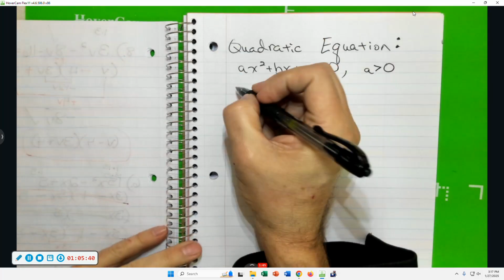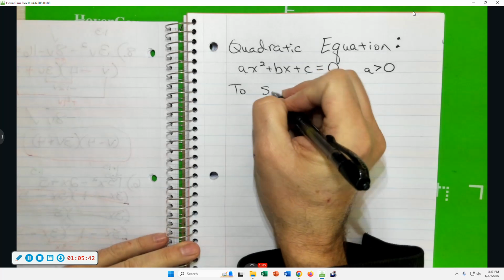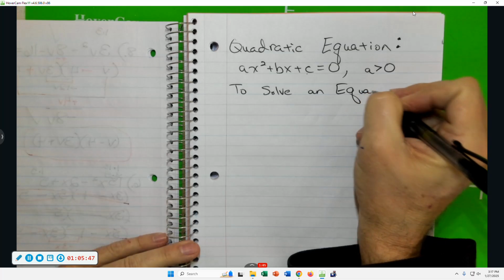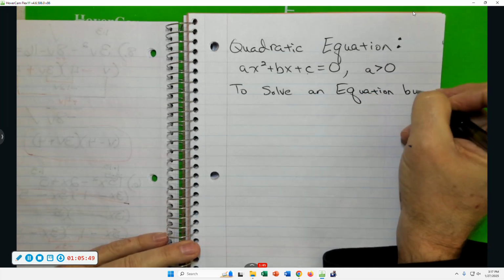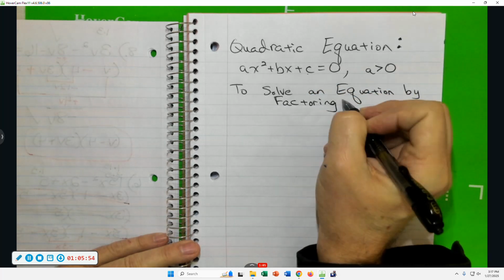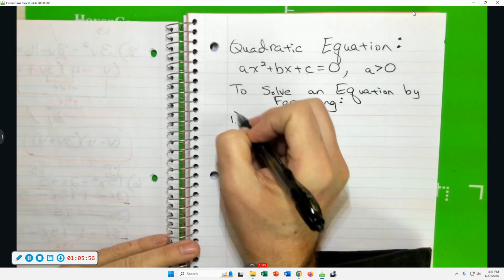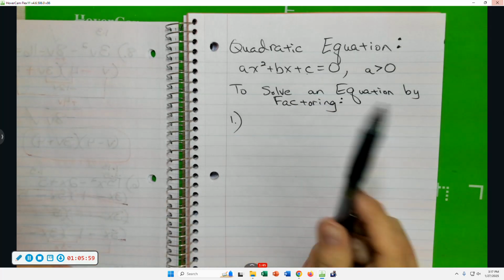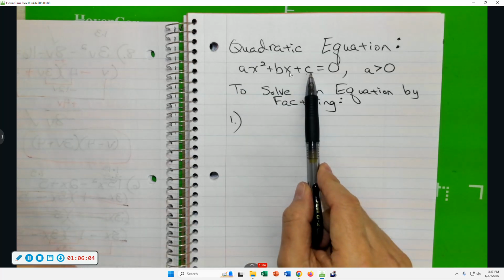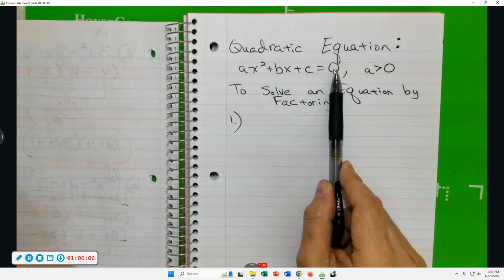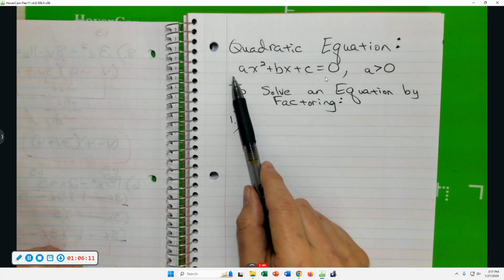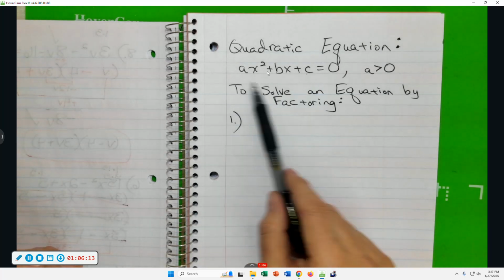To solve an equation by factoring, the first thing you need to do is make sure that the equation's in standard form with the trinomial on one side of the equal sign and 0 on the other side. You have to have 0 on one side. You have to have the trinomial you're going to try to factor on the other side.